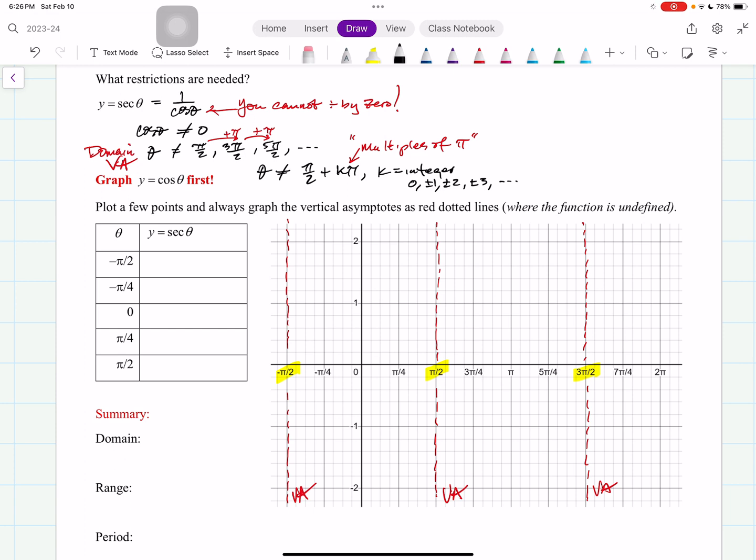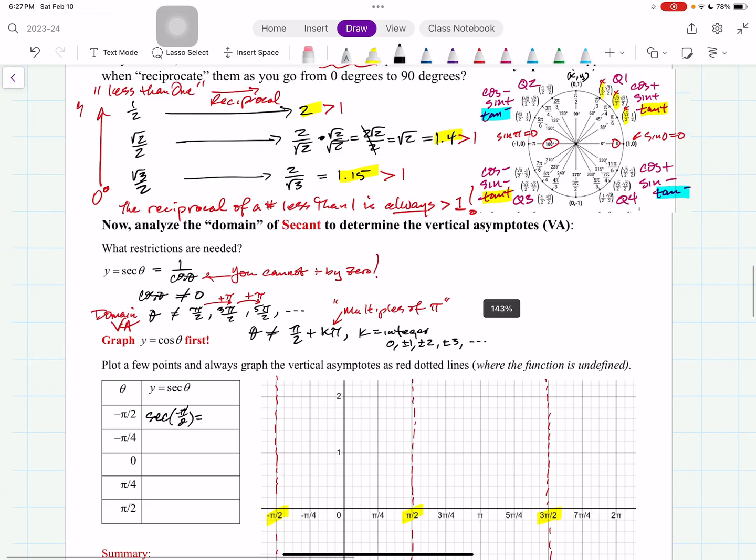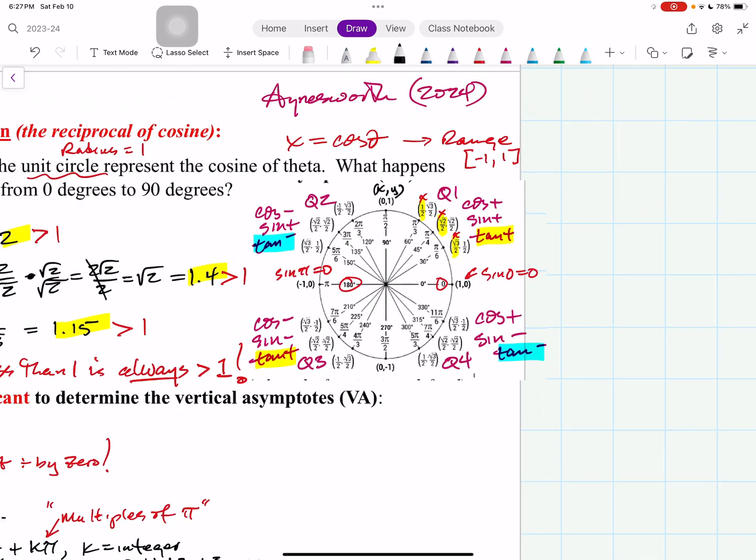So let's evaluate the function first. Here we go. We're going to take the secant now of negative pi halves. So let's kick in the unit circle a little bit here. The cosine of negative pi halves. Negative pi halves, that rotation is clockwise, and that puts you down here at 3 pi halves. It's coterminal.